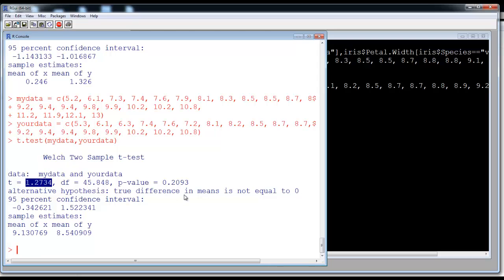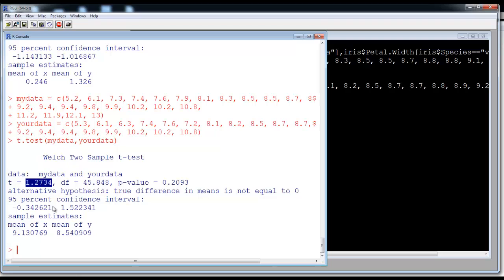So the default hypothesis of R was that the mean between the two populations is 0, but here we are saying the alternate hypothesis is true. Now look at the confidence interval. So notice that the 95% confidence interval goes from minus 0.3 to 1.5. So 0 lies within this interval.